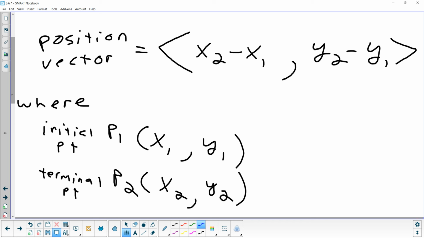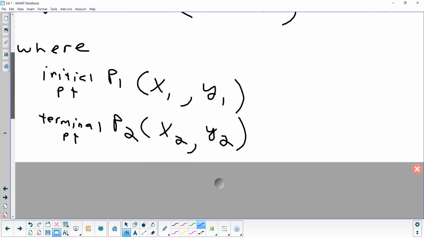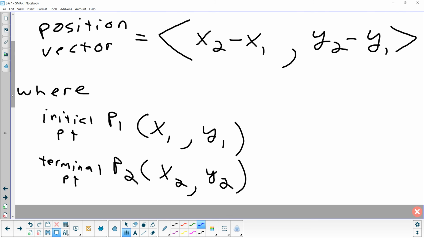So anybody have a guess what we're going to have to add to the position vector formula for 2D to make it 3D? Yep, comma, and then z2 minus z1. So you're still going to have to find the difference in the x's, comma, the difference in the y's, and if you were doing 2D, that's where you stop.